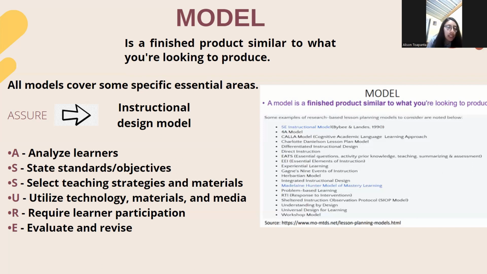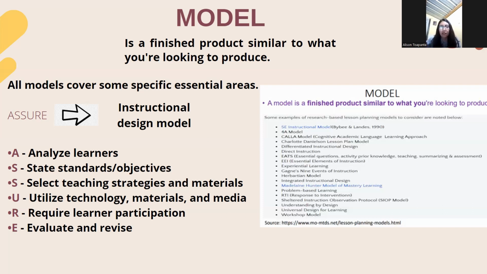Select teaching strategies and materials is related to what material is useful for each activity that you will work on with your students. Utilize technology: it's important to keep the attention of the students on a specific topic so the learner can learn more easily.